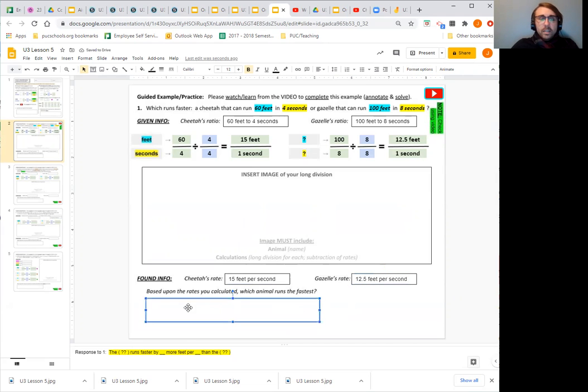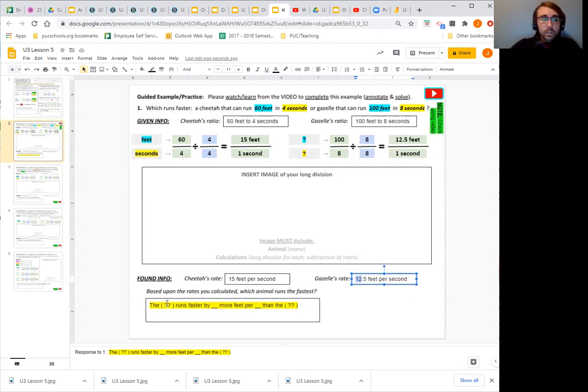And the last thing says, based upon the rates that you calculated, which animal runs the fastest? So I'm going to copy and paste this here. If I look at just the whole numbers, 15 and 12, it's pretty clear that the cheetah can run faster than the gazelle. And that's because they're really good sprinters.